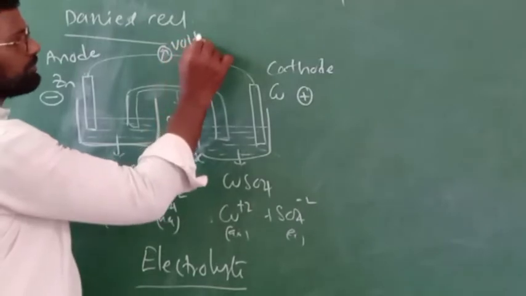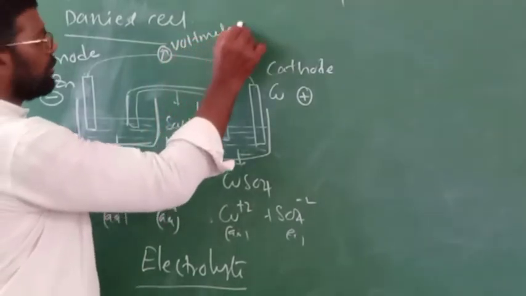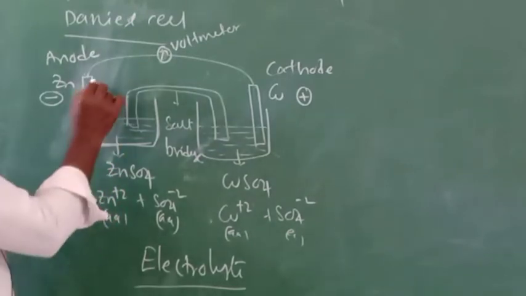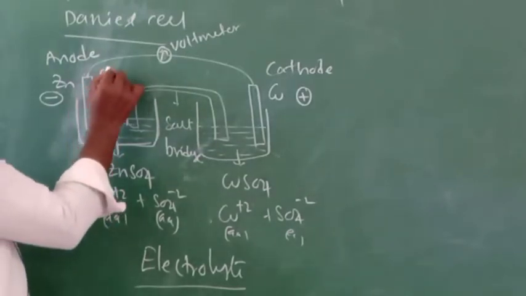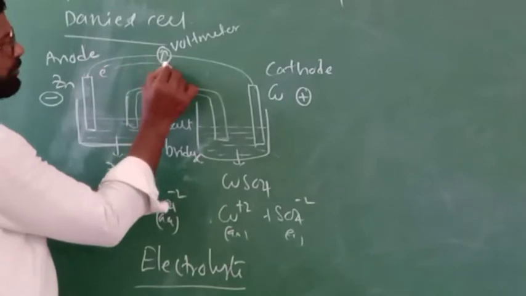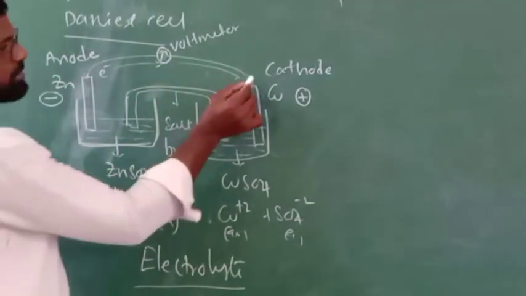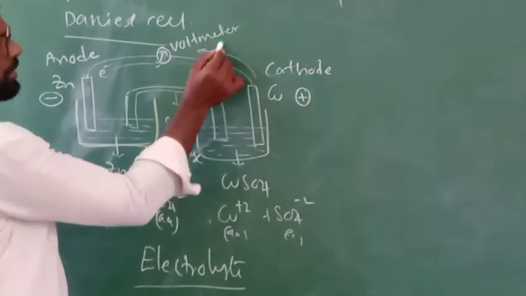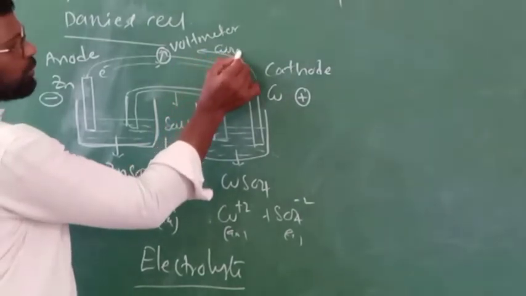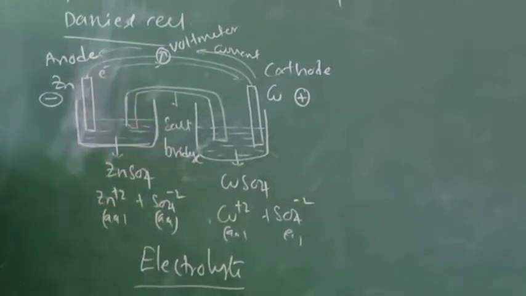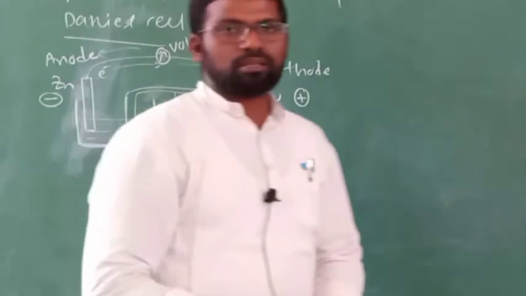Now when the switch is on, electrons flow from anode to cathode. Current flows in the opposite direction, from cathode to anode. This is the brief construction of the galvanic cell.